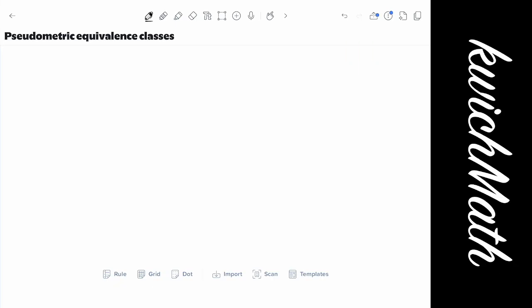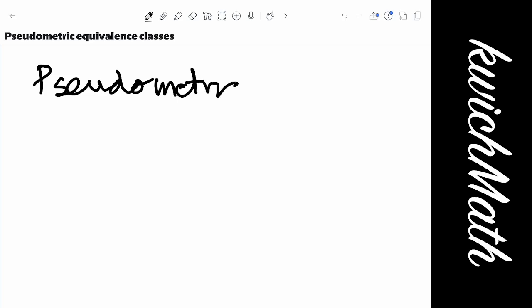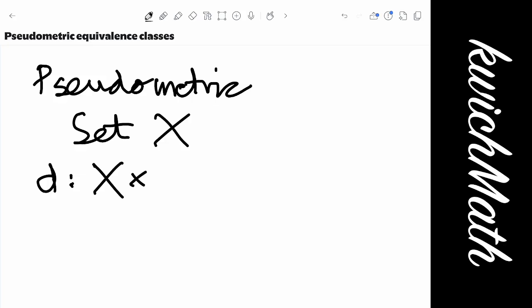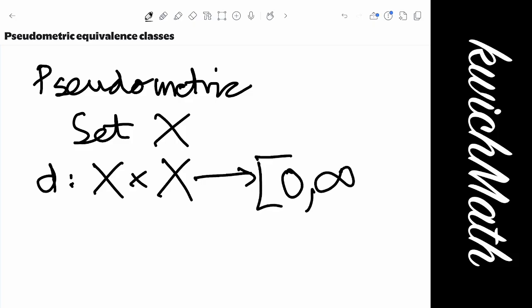So first of all, we need to know what is a pseudometric. Given a set X, a pseudometric on X is a measure of distance, hence the metric, that goes from X cross X into the non-negative reals.